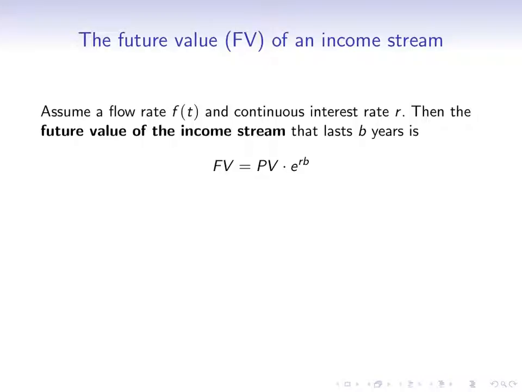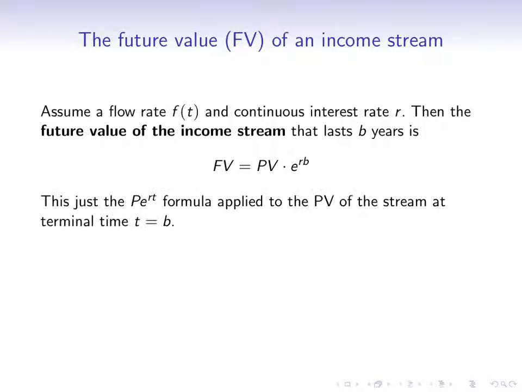Now, to get the future value at time b in the future, so there's that endpoint b, you just multiply the present value as computed before by e to the rb. So that's just the PERT formula applied to the present value of the stream at the time b in the future.